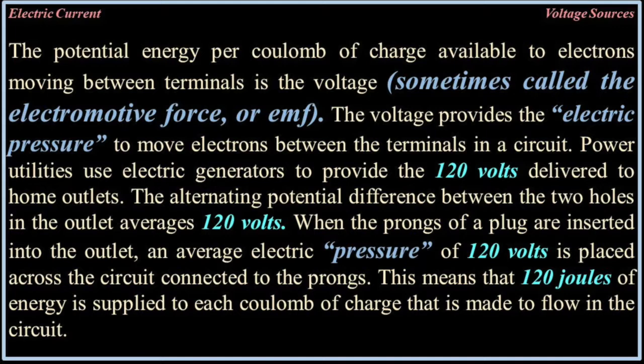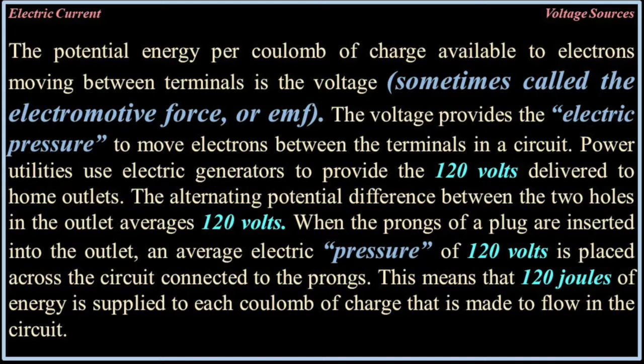Power utilities use electrical generators to provide the 120 volts delivered to home outlets. The alternating potential difference between the two holes in the outlet averages 120 volts. When the prongs of the plug are inserted in the outlet, an average electric pressure of 120 volts is placed across the circuit connected to the prongs.